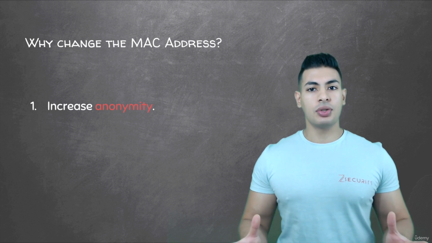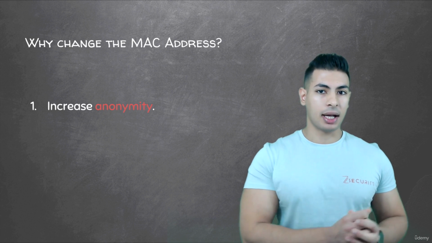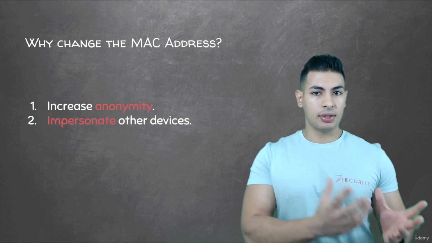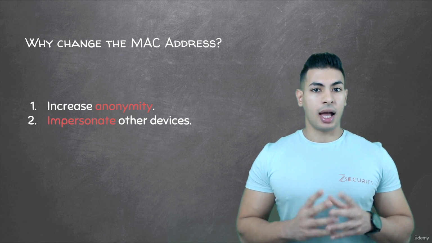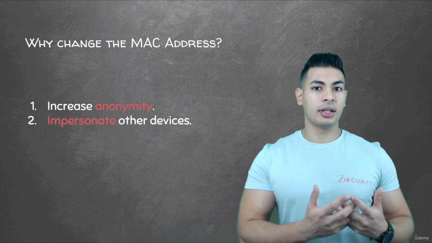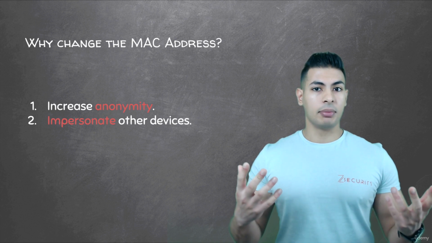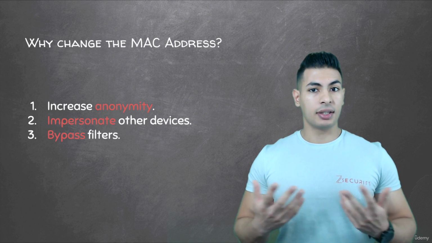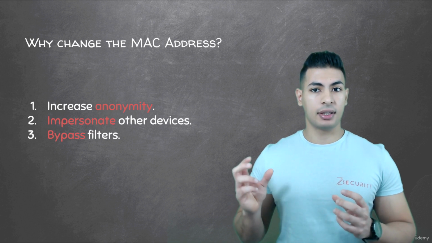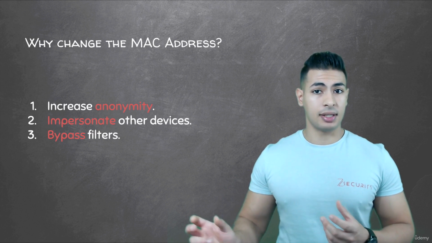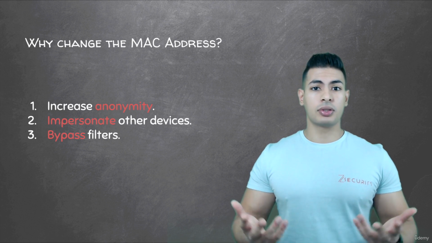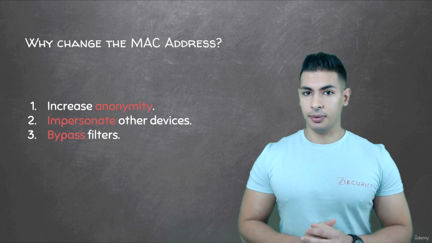So being able to change your MAC address to another device's MAC address will allow you to impersonate that device and do things that you might not be able to do. You'd be able to pass filters or connect to networks that only specific devices with specific MAC addresses can connect to, and you will also be able to hide your identity.